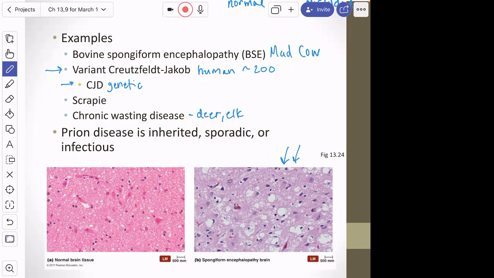And there's a few other ones. There's fatal familial insomnia, which is again very rare, but they've documented that it has been passed on in families. So that's one prion disease that's inherited. There's another one, Kuru, which has now been eradicated.